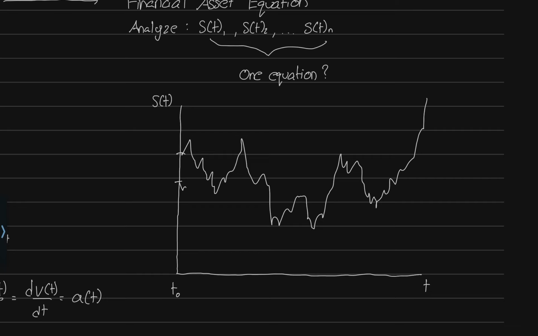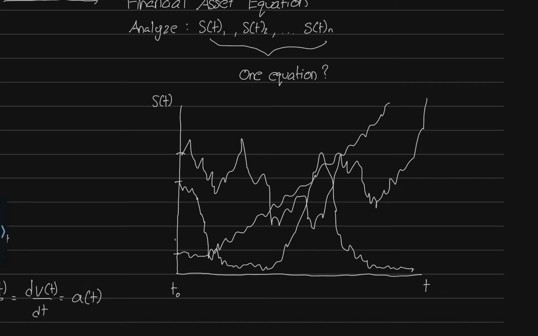Another one could be something like this. And so on and so forth. So this could be my S of T1, S of T2, S of T3, and obviously I can have many more going up to S of Tn.